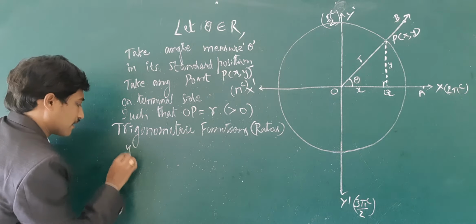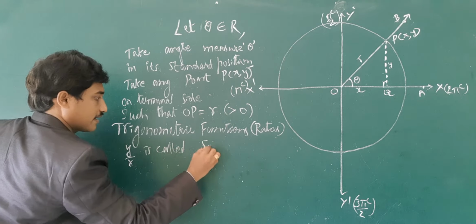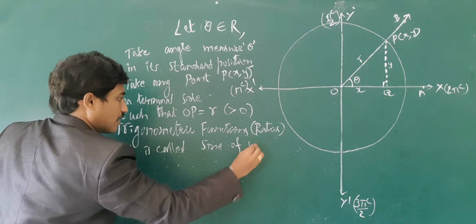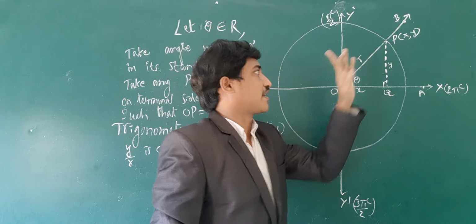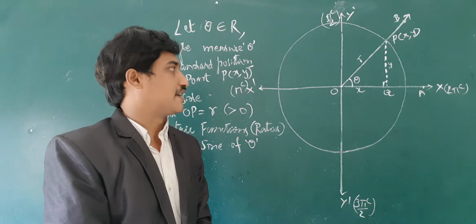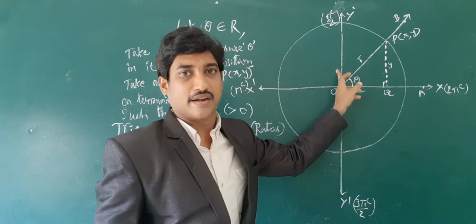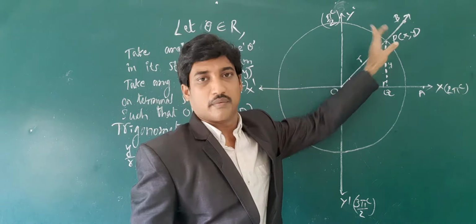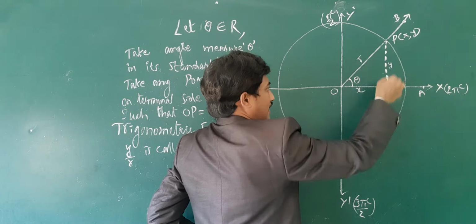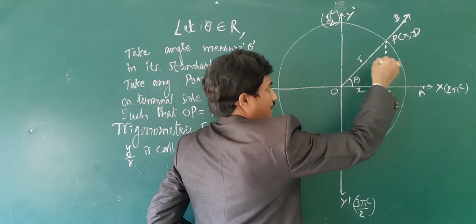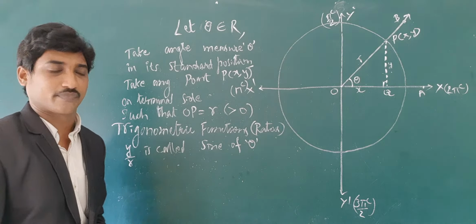So y by r is called sine of angle theta. Otherwise, in a right angle triangle, it is the opposite side to theta by the hypotenuse.